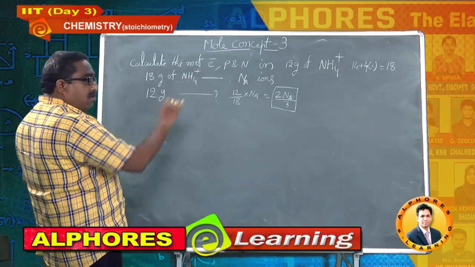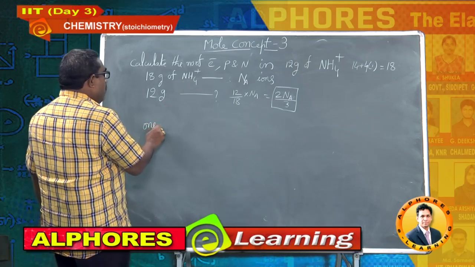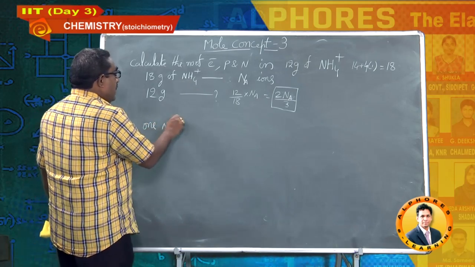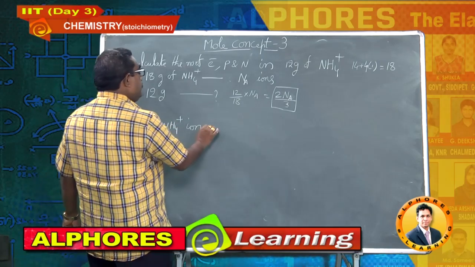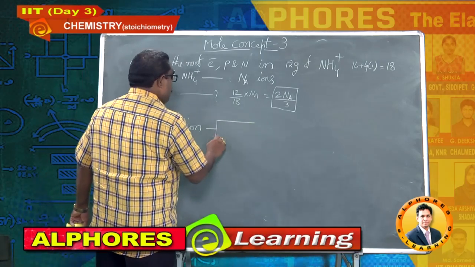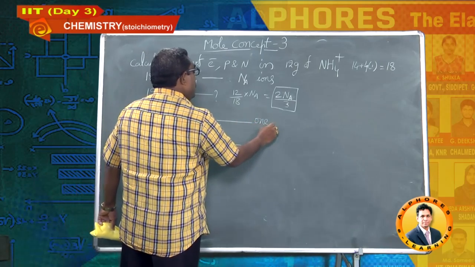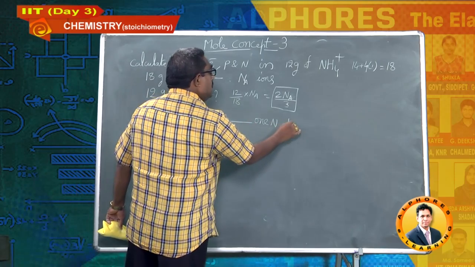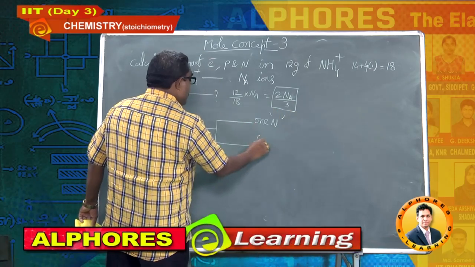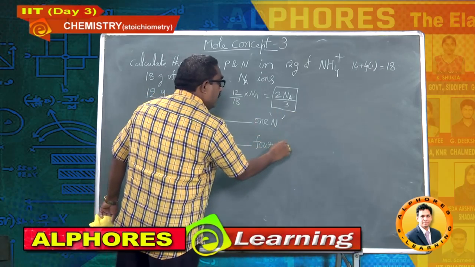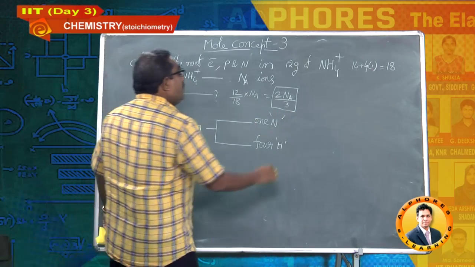Now, we have to go for the individual study by taking one ammonium ion: one nitrogen and 4 hydrogens.